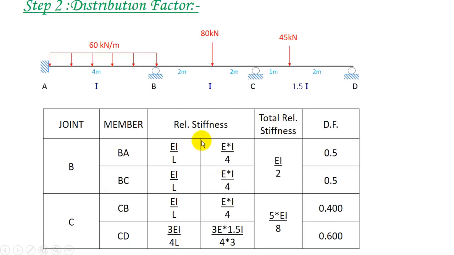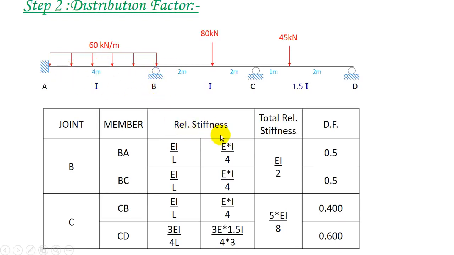Now relative stiffness. If you know it, that's good, but if you don't, don't worry, I'll just tell you the formula. It's a very simple formula. For my intermediate support, suppose I take member BA, where A is the far off end for member BA, and if my far off end is fixed, then my formula is EI by L, where L is the length of the member.